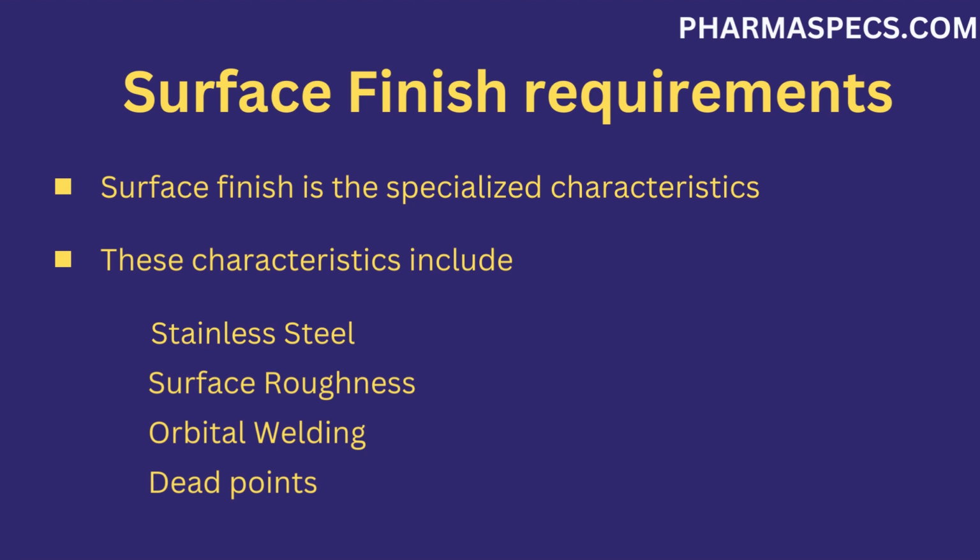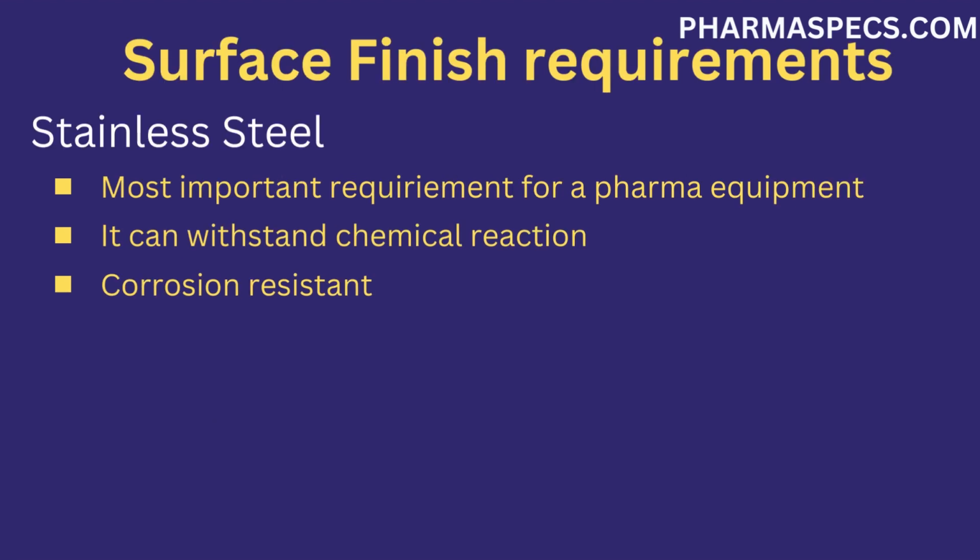When these requirements are included during the manufacturing of equipment, its surface is said to be compliant. If any of these requirements are not fulfilled, surface finish characteristics are not said to be fulfilled and the equipment is not allowed for pharmaceutical production. Let's briefly look at these individual parameters and see what their requirements are.